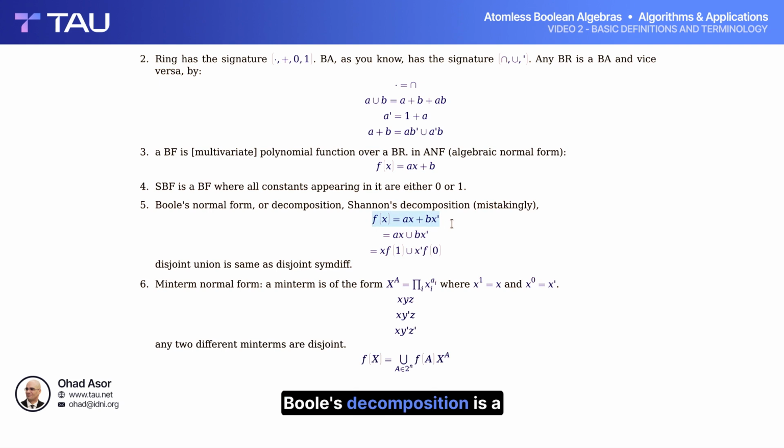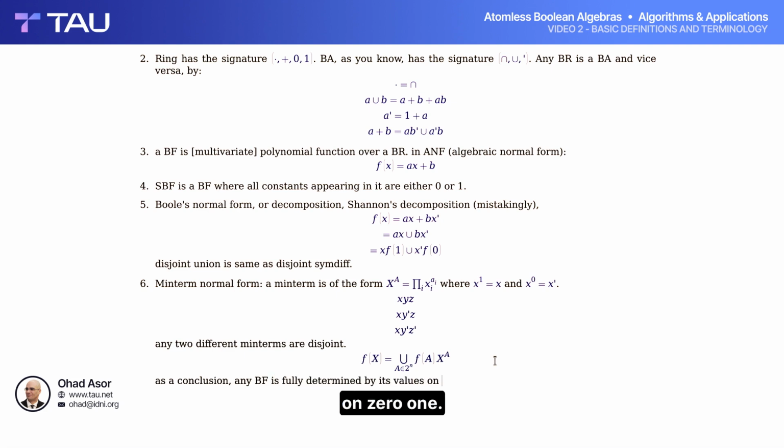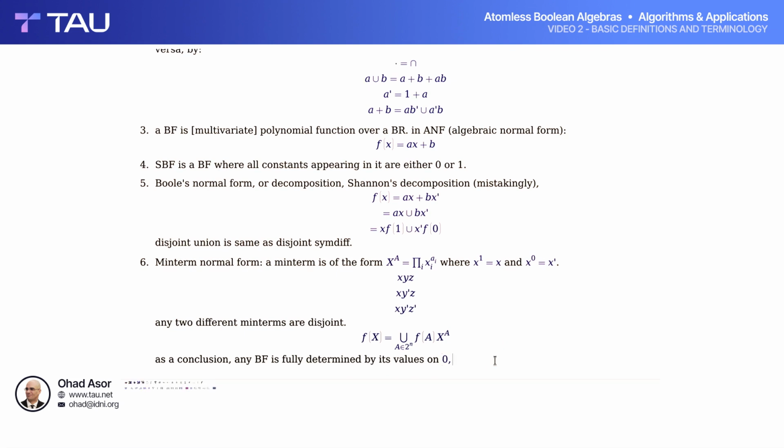Boole's decomposition is a special case where we have only one variable. So we evaluate f on 0 and then 1, and we multiply by the corresponding minterm, and we get a representation of the function. So as a conclusion, any Boolean function is fully determined by its values on 0, 1.